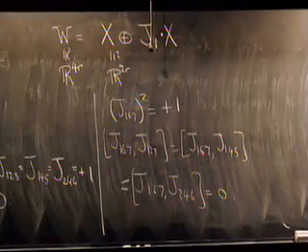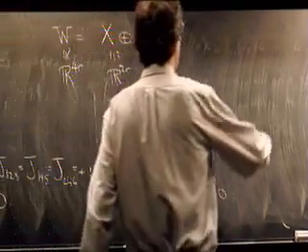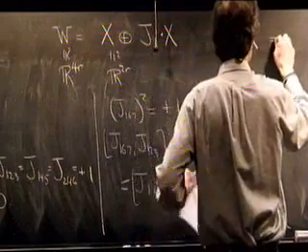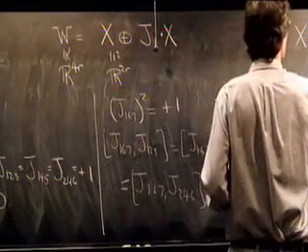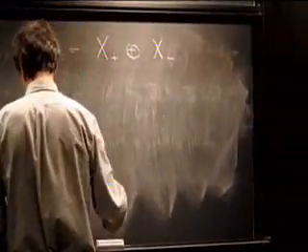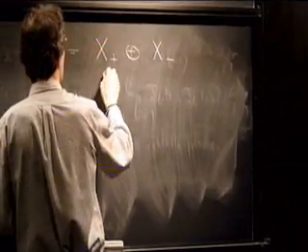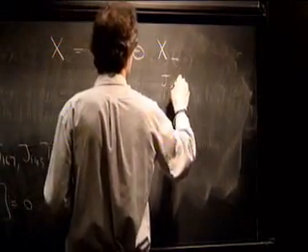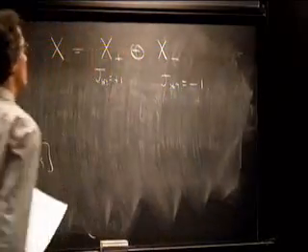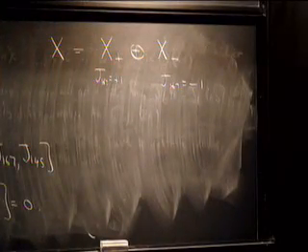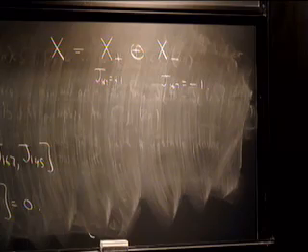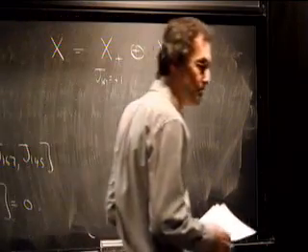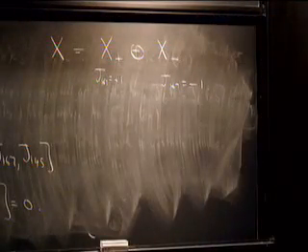Okay. So now we can take X and split it into the plus and minus eigenspaces of J1,6,7. Okay, so that's the structure we're getting.